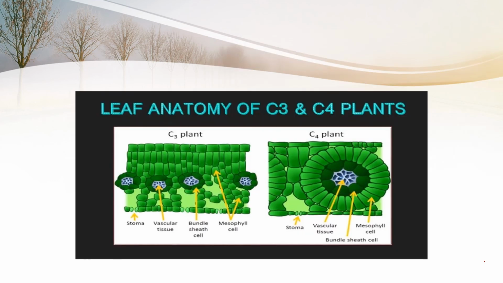So now the difference between the C3 plant and the C4 plant. In C4 plants the bundle sheath shows a wreath arrangement, whereas in C3 plants it's not like that.